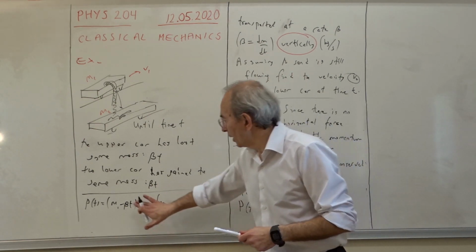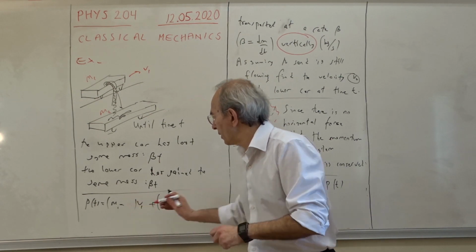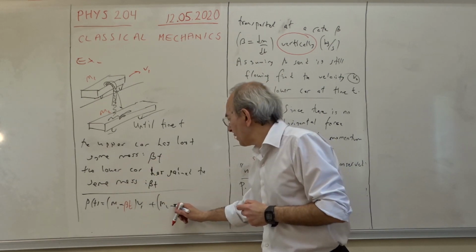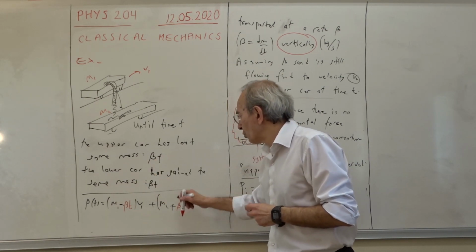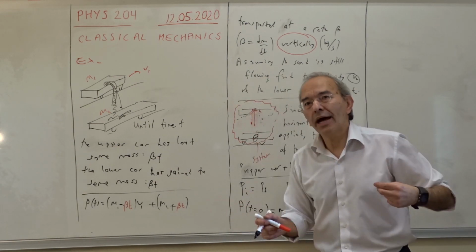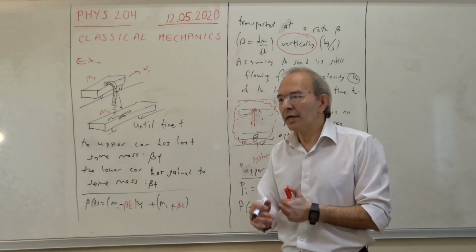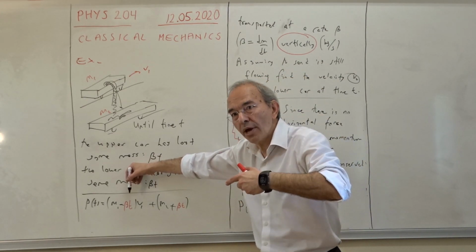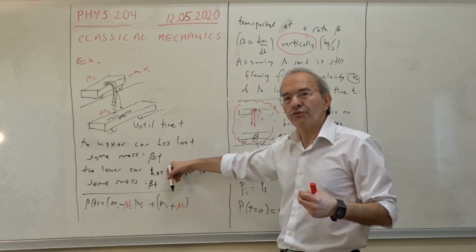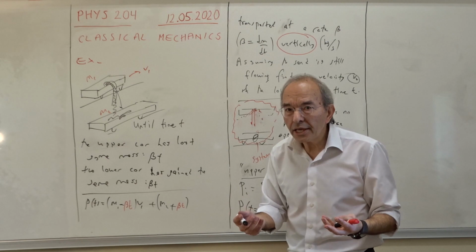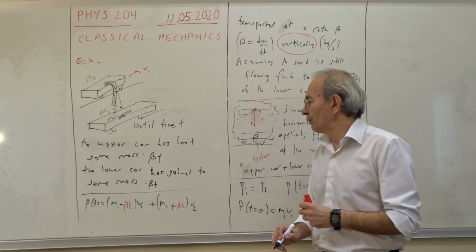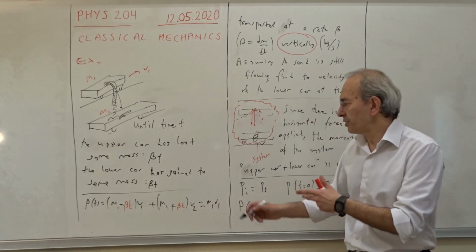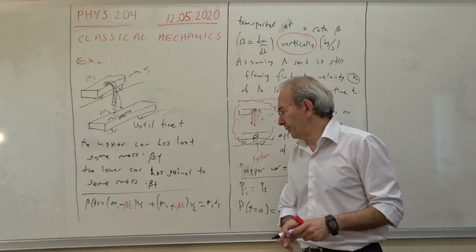Beta t is lost for the upper car, but is gained for the lower car. So beta t, from the beginning at rate beta until time t, is the lost mass for the upper car, which is sending it away, and the gained mass for the lower one, which is taking it, multiplied by the unknown velocity, and this equals the total initial momentum m1 v1, and it is easy to find v2 from this.